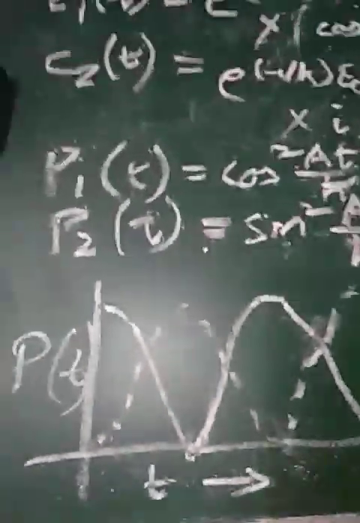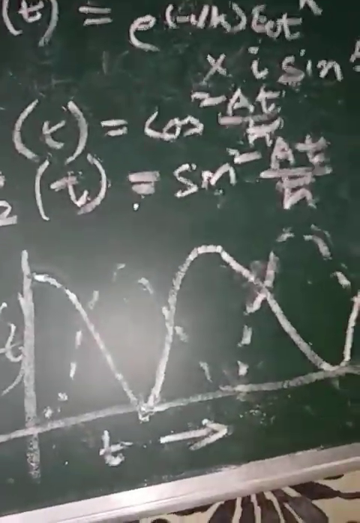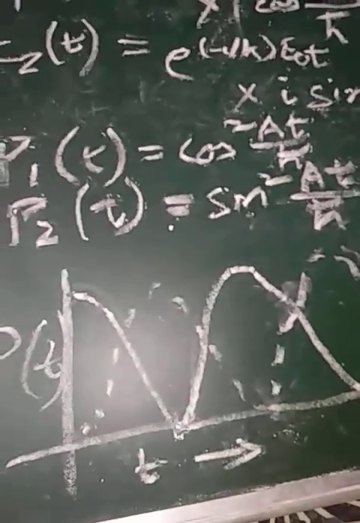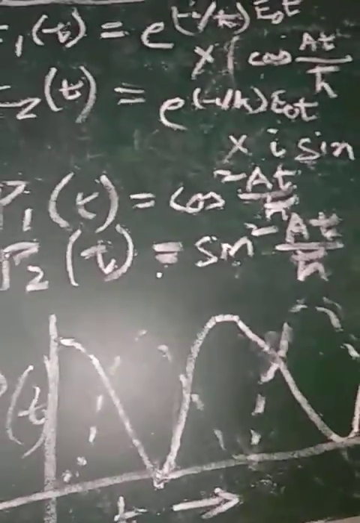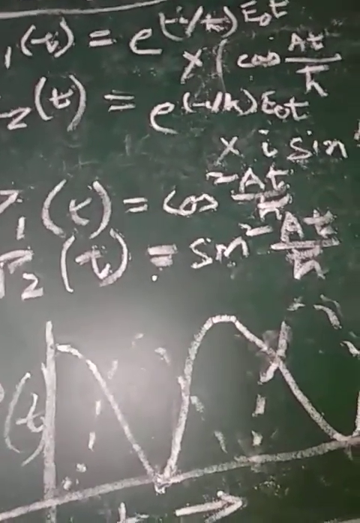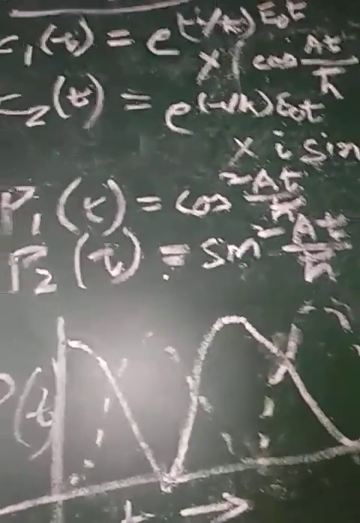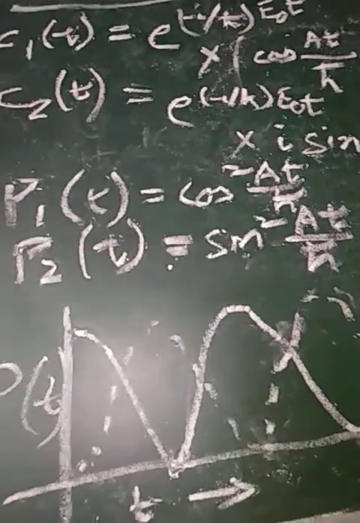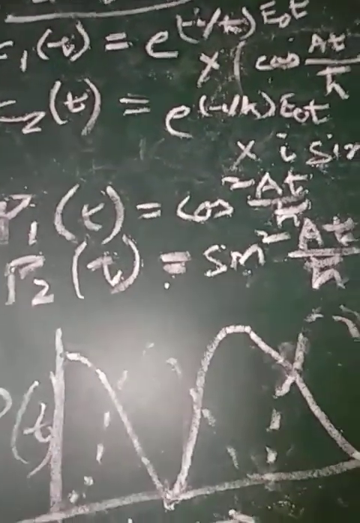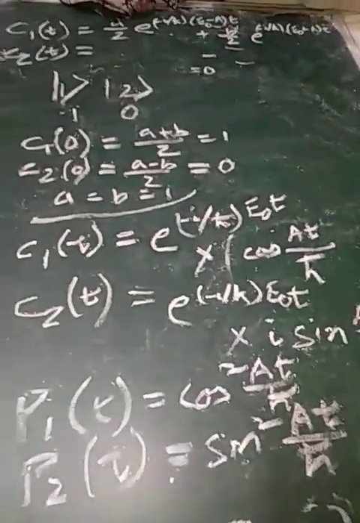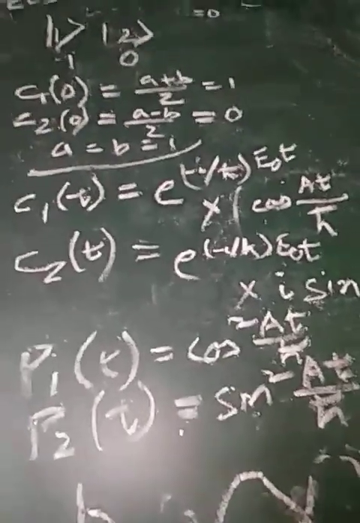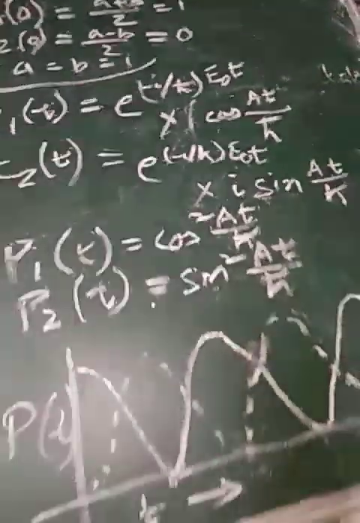So this will be the lesson of today, and next day we'll talk about the maser, which is similar to the laser. It is microwave amplification by stimulated emission of radiation, and it can be put into practice by using the ammonia molecule.